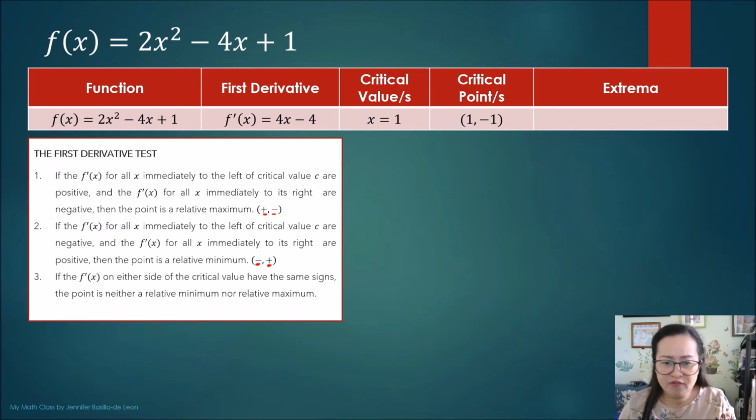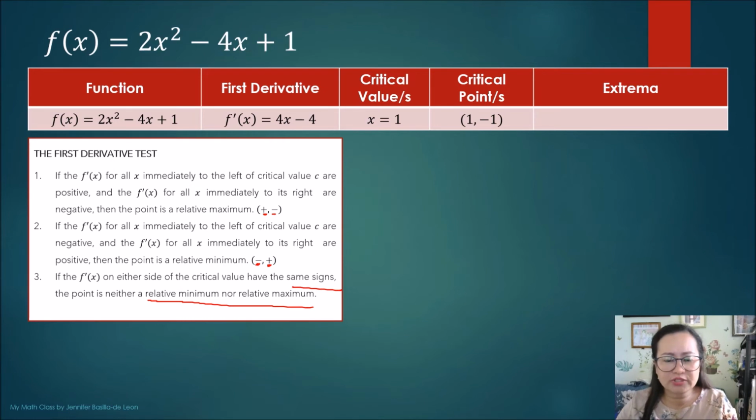However, if the results after substituting values into the first derivative of the function have the same sign, then it's neither a relative minimum nor a relative maximum. So let's try.